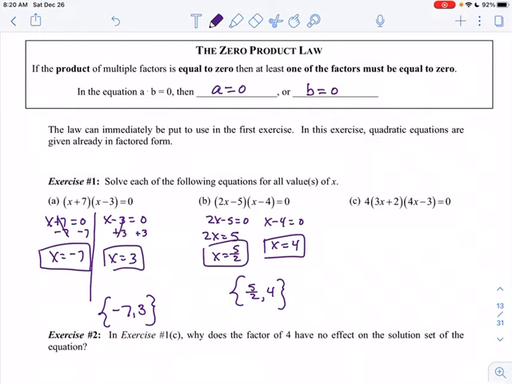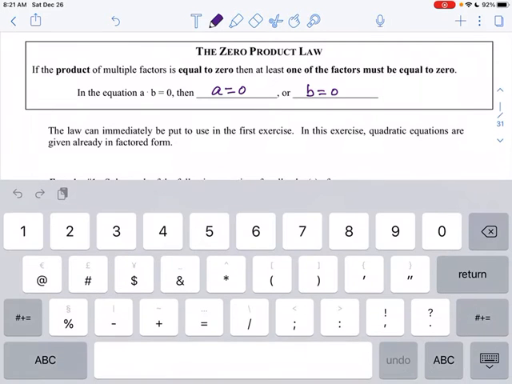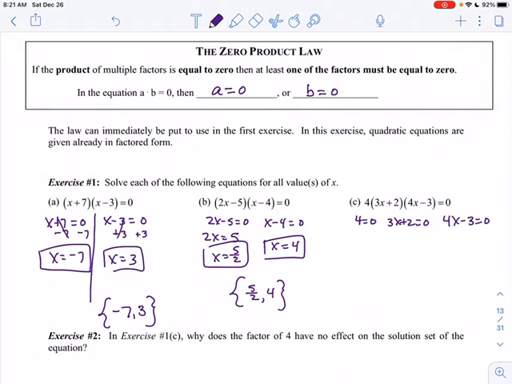Now, what happens if I have a term in front? I've got to set each thing equal to 0: 4 equals 0, 3x plus 2 equals 0, and 4x minus 3 equals 0. 4 doesn't equal 0, but let's do the other ones. I'm going to subtract 2, so 3x equals negative 2, and divide by 3, x equals negative 2/3.